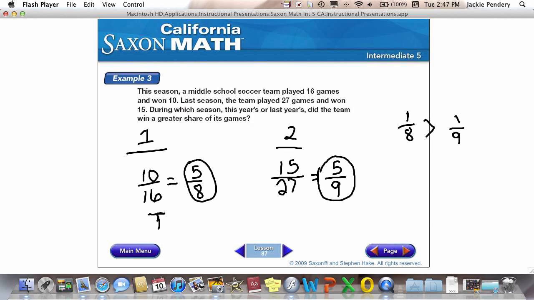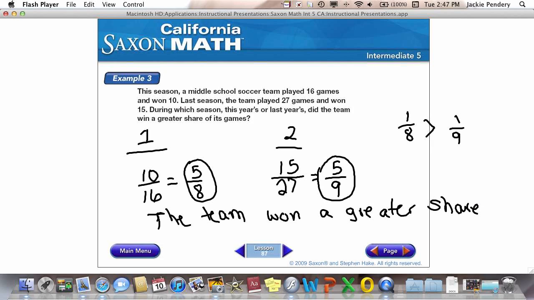The team won a greater share of games in season 1. Okay, if you aren't sure about how to compare the 8s and the 9s, draw a picture.